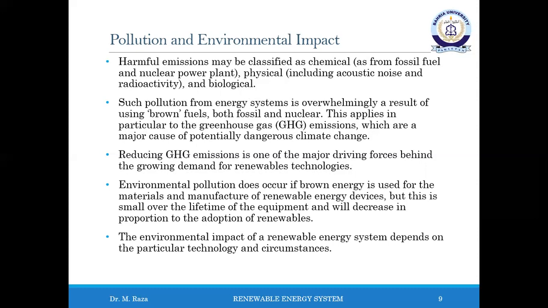Environmental pollution does occur if brown energy is used for the materials and manufacture of the renewable energy devices, but this is small over the lifetime of the equipment and will decrease in proportion to the adoption of renewable energy.